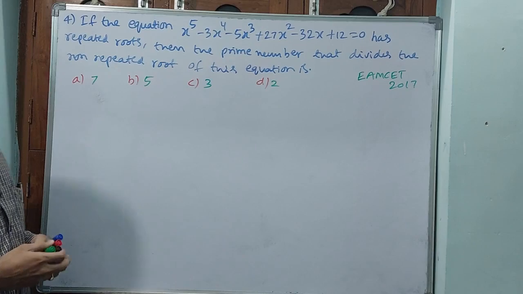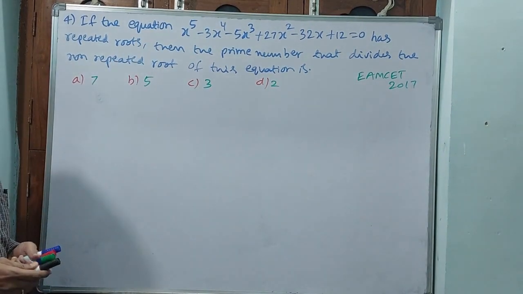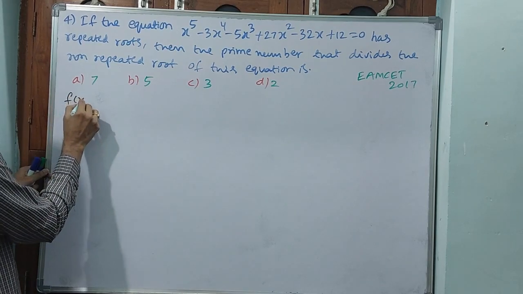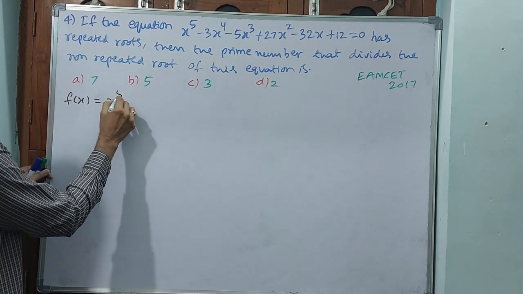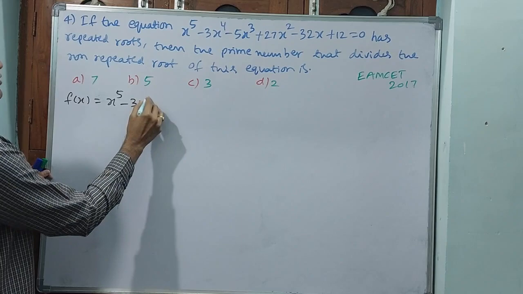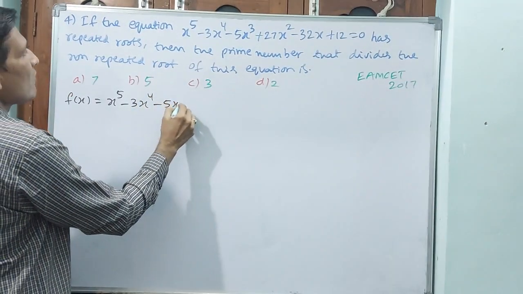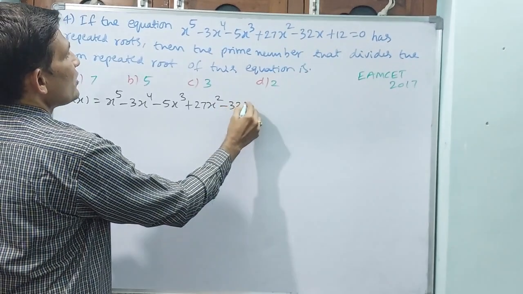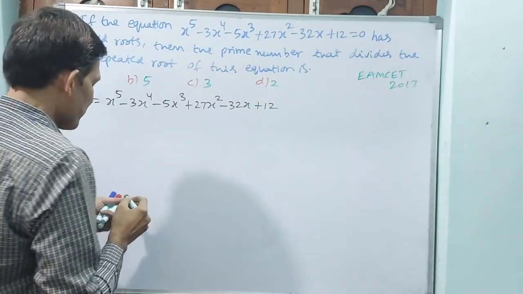See, as I said, for repeated roots, first you take it as f of x. You see what I am doing now. f of x is equal to x to the power of 5 minus 3x to the power of 4 minus 5x cube plus 27x square minus 32x plus 12. Okay.